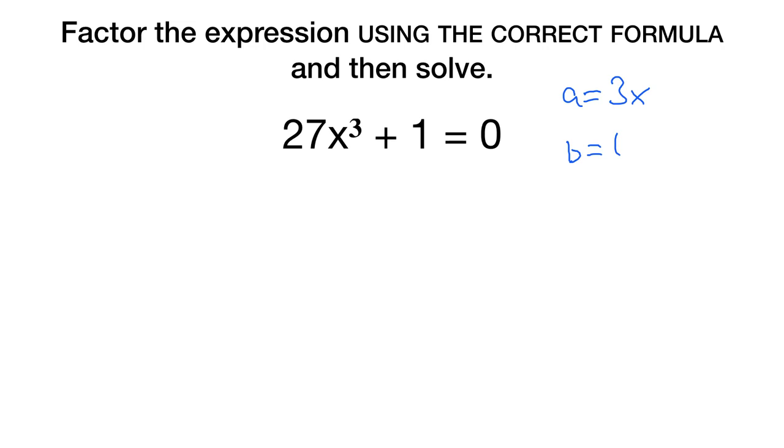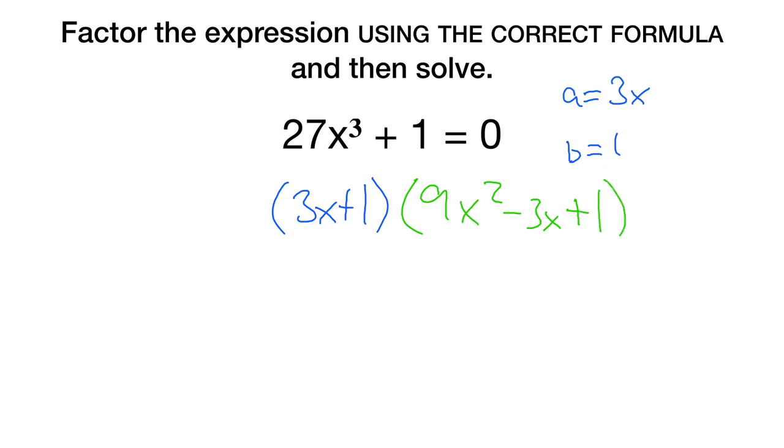So this is a sum of cubes, so 3x plus 1 times 3x squared, which is 9x squared, minus 3x times 1, which is 3x, plus 1 squared, which is 1. All right, so our zero for 3x plus 1, remember it's negative constant over leading coefficient, is negative 1/3.